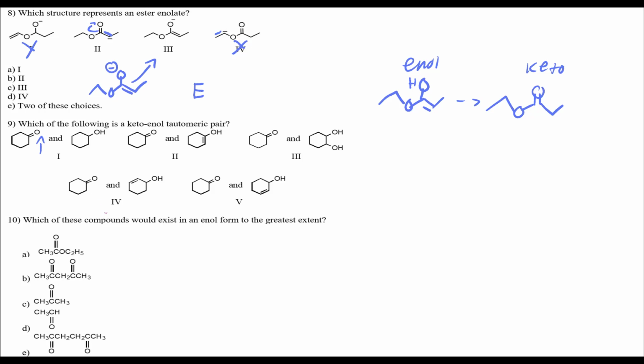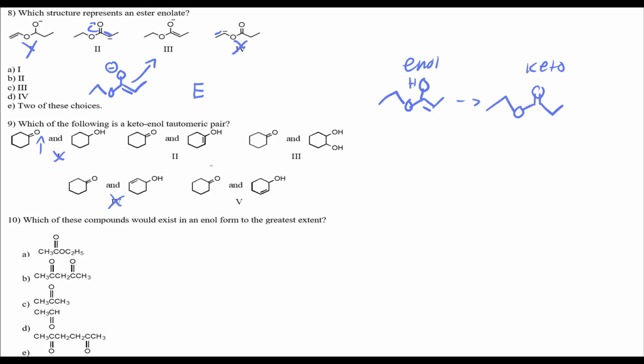What could be an example of a keto-enolate pair in this question? This is obviously the keto form, but the enolate pair doesn't make any sense. Why is the double bond so far away from this initial carbon? No, we want that carbon right there at the base of it. So 4 is wrong. Number 1 is wrong because you don't have any double bonds right there. Where's your enolate?